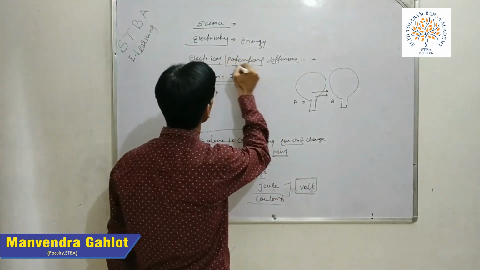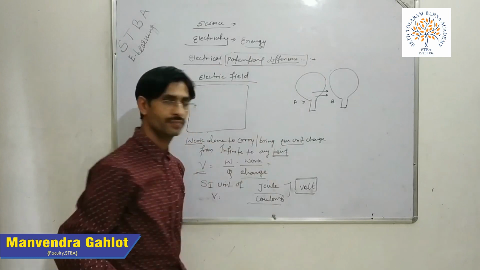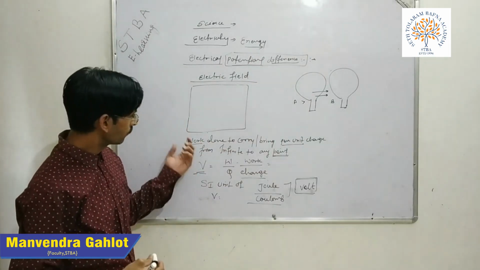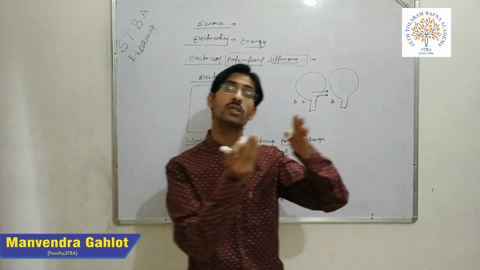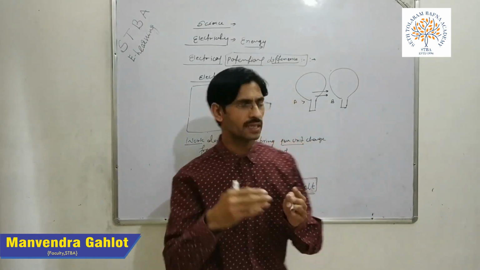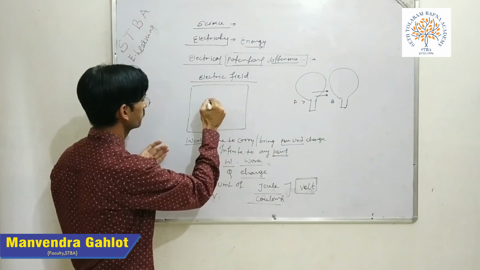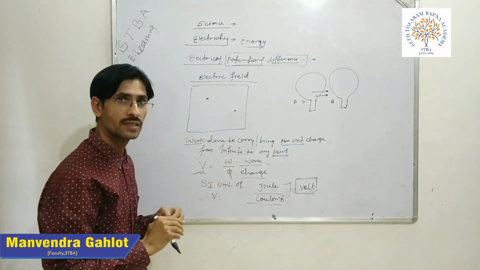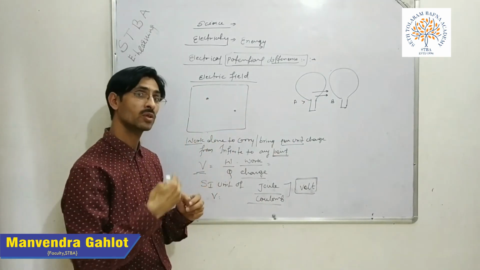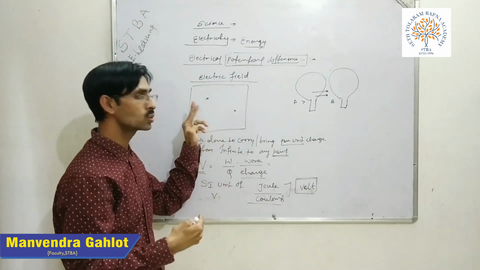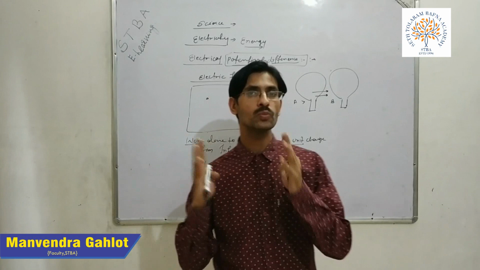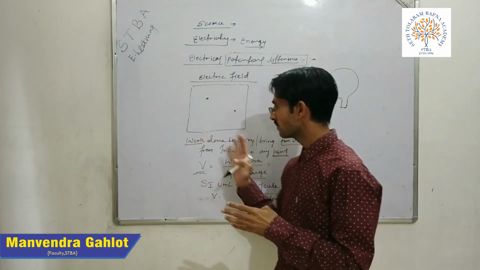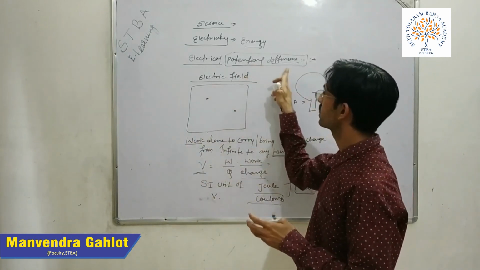Now we use another word, potential difference. If the work done to carry 1 unit charge from one point to another point, that means there are 2 points in an electric field. What is the difference between the electric potential of 2 points? That we can say is potential difference.